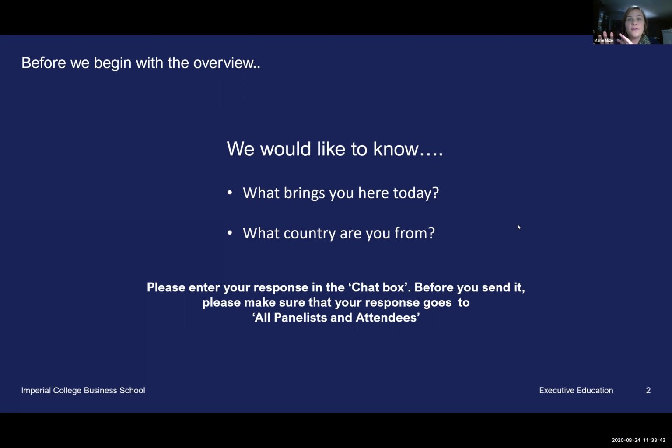You'll notice a little further to the left of your toolbar, there's a Q&A box. That's a call out box with the letters Q and A underneath it. That is a question and answer box. As we move along in today's session, we're going to be sharing a lot of information with you rather quickly. If you have any questions that you would like to have us address live, please use that Q&A box. We're going to be moderating a question and answer session at the end of today's call with our faculty.